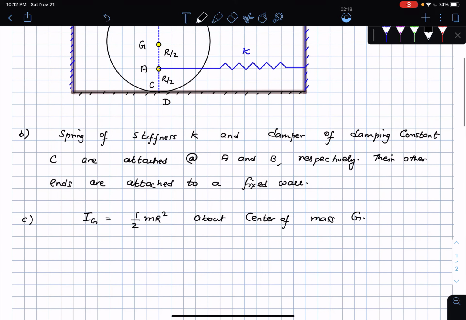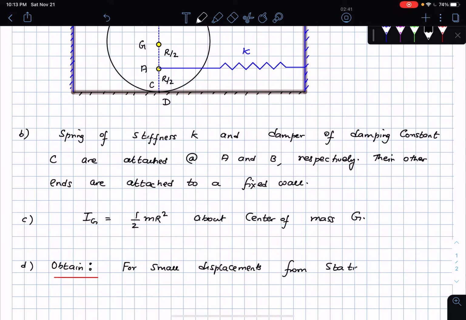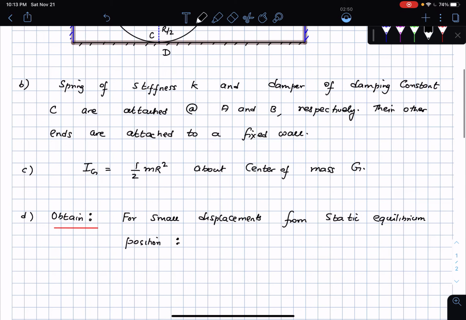For small displacements from the static equilibrium position, obtain the equation of motion.